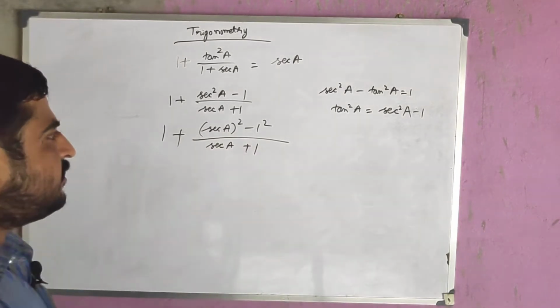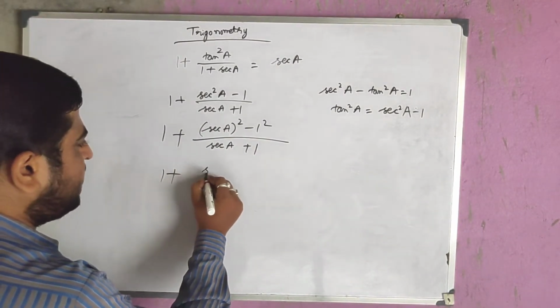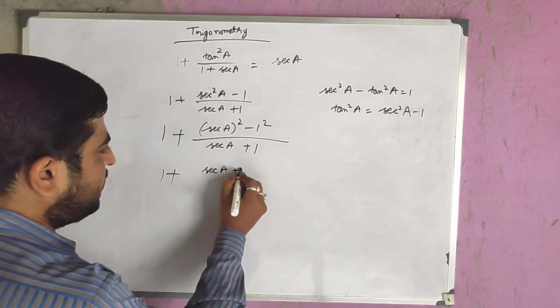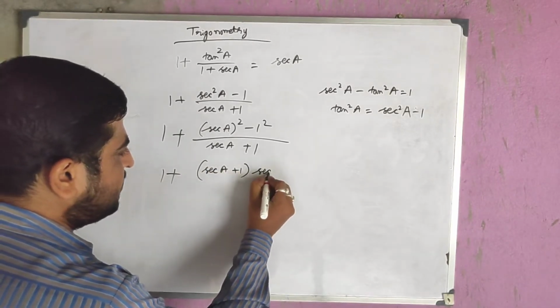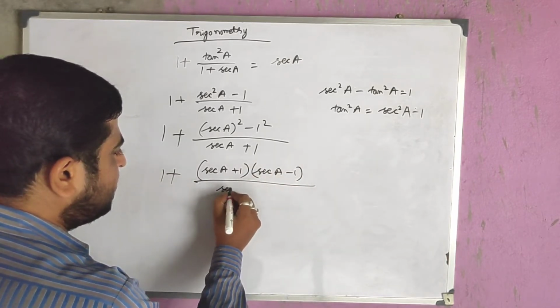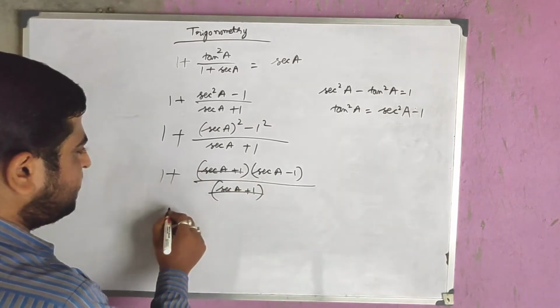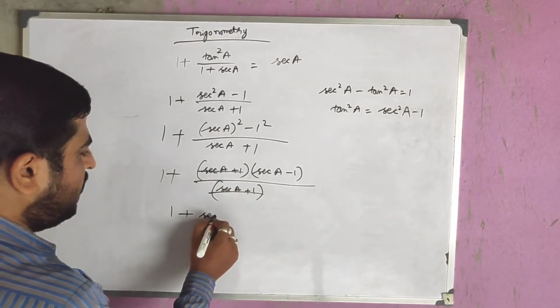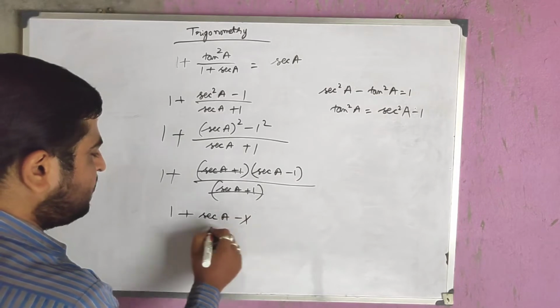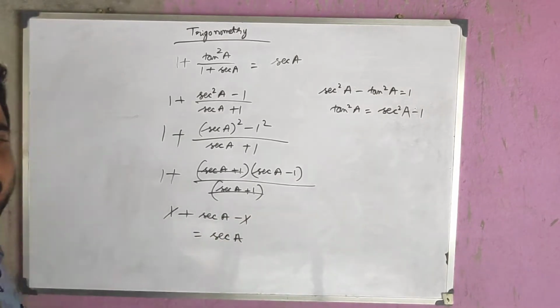So a plus b into a minus b: (sec A plus 1) into (sec A minus 1) by (sec A plus 1). So we can cut. There remains 1 plus sec A minus 1, so it will come sec A. Proved.